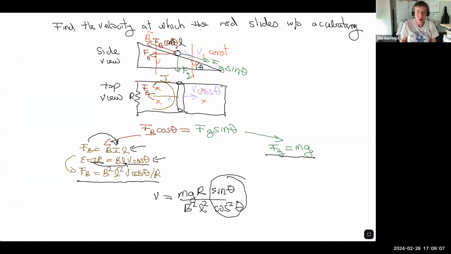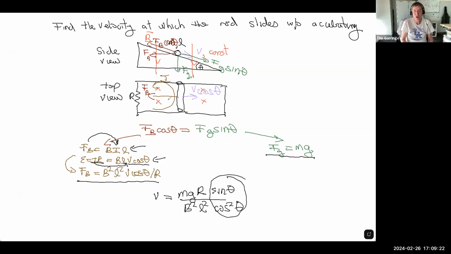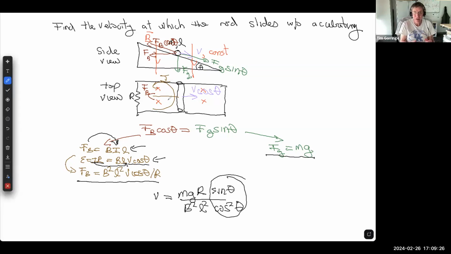It was only the left-right motion of the rod and not the up-down motion of the rod that contributes to the induction and contributes to the magnetic force. Anyway, that example is really a grand tour of magnetism, magnetic induction, and forces in equilibrium, this balance between gravity and magnetic forces.